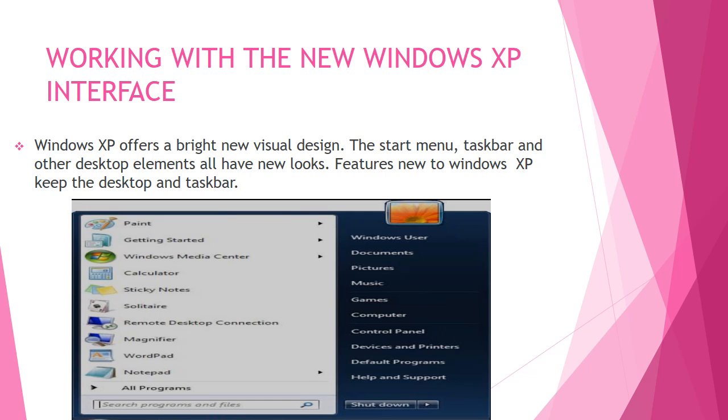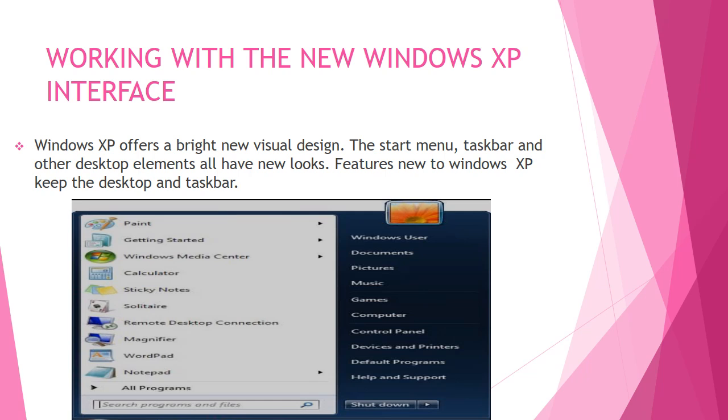So our slide 7 is known as working with the new Windows XP interface. Once we refer to the interface, we are trying to provide a visualization screen, and the screen the person has access to is known as the interface. Windows XP offers a bright new visual design.